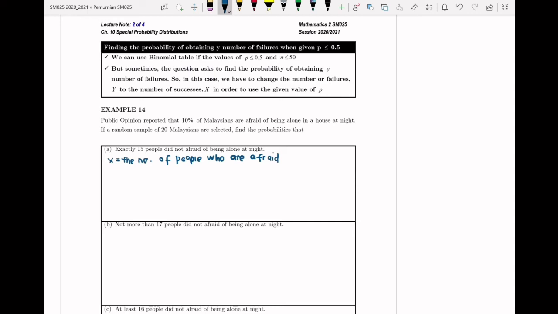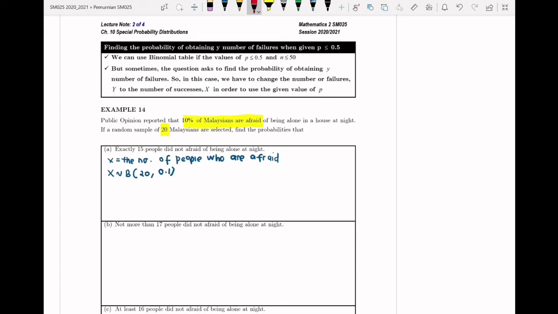So we can let X be binomial distribution with n equals 20 and p equals 0.1 from this sentence. And we can let X be binomial distribution because we can only have two outcomes, whether the person is afraid or not. Okay, so let's look at the question.